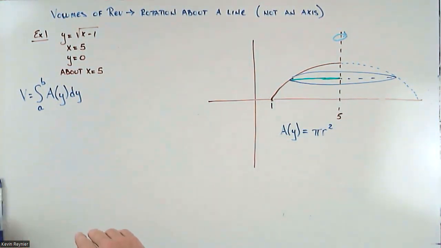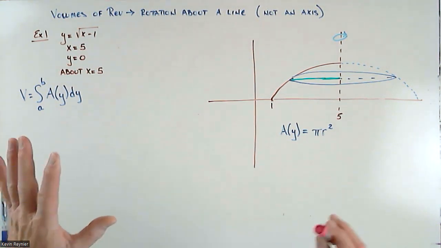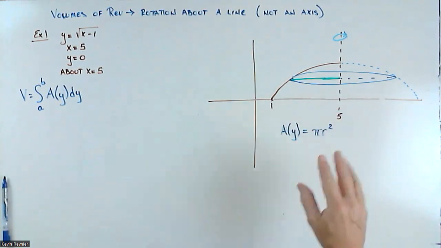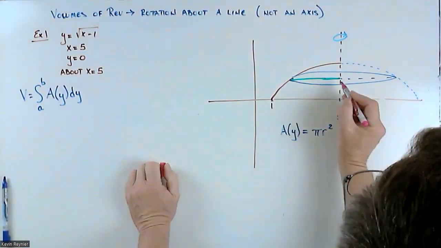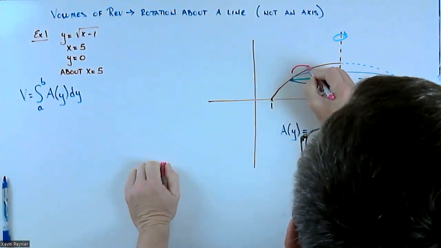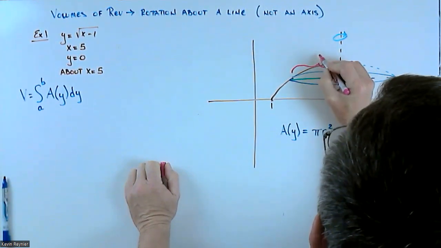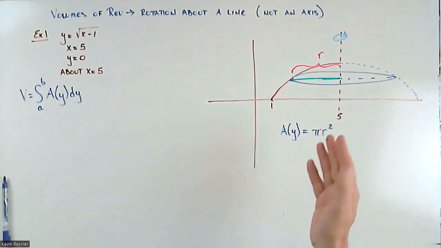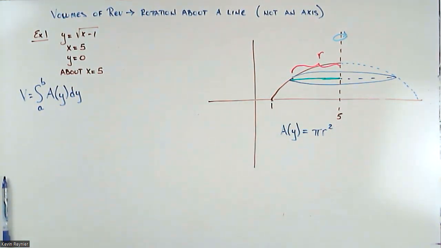Okay. This is where things can, for some of us, get a little tricky. We look at our circle and we know that our radius is this distance right there. That is our radius. And depending on the textbook you have, there's a myriad of different ways that they try to tell you to express that radius.